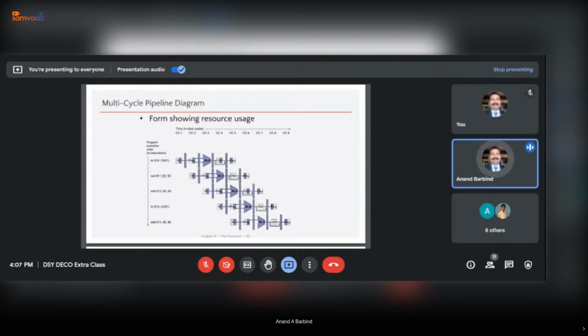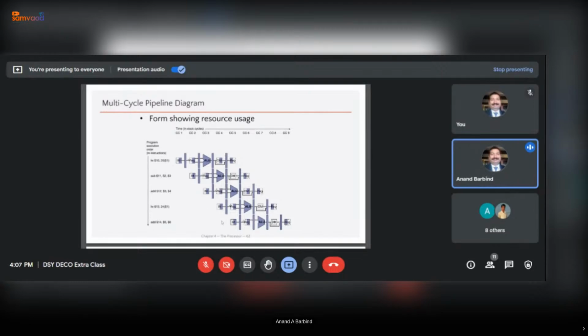So this is the first instruction, second, third, fourth, fifth instruction. At this particular time, all units are being used. If we go forward, you will see that all units are being used.